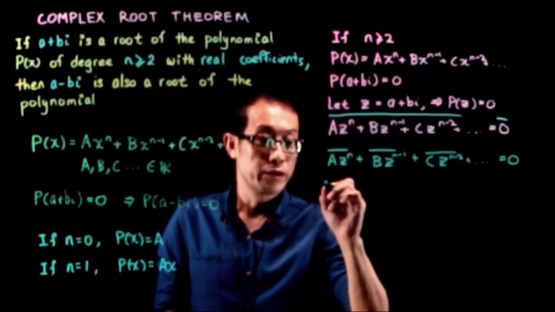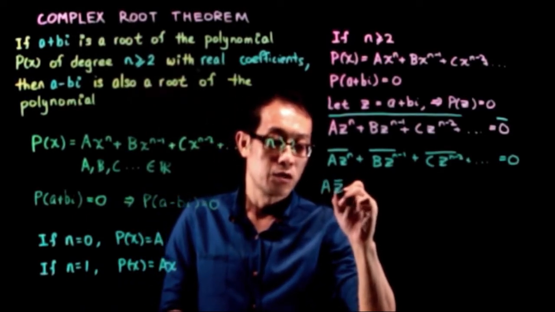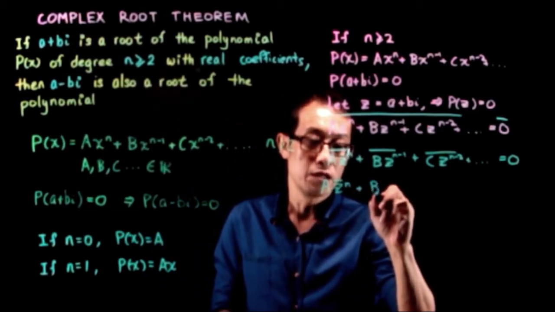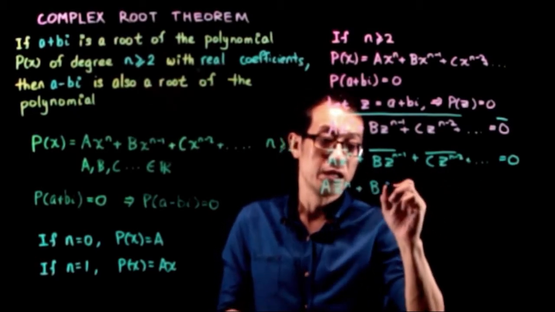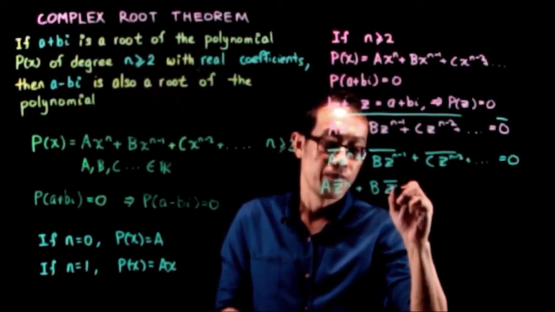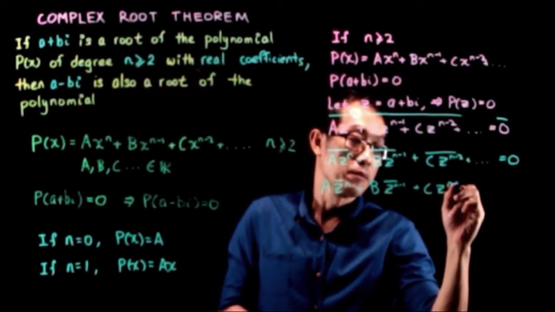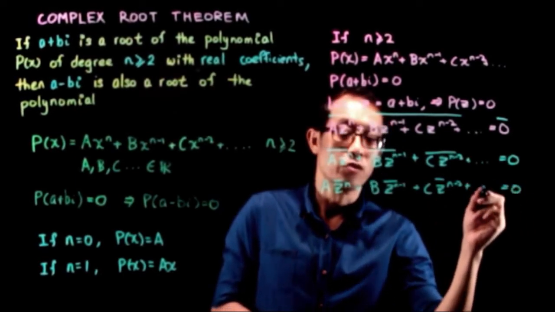Now what will you get? You will get a times the conjugate of z to the power n plus b, because the conjugate of a real number is itself, and so on, up to the conjugate of z to the power n minus 2, equals 0.